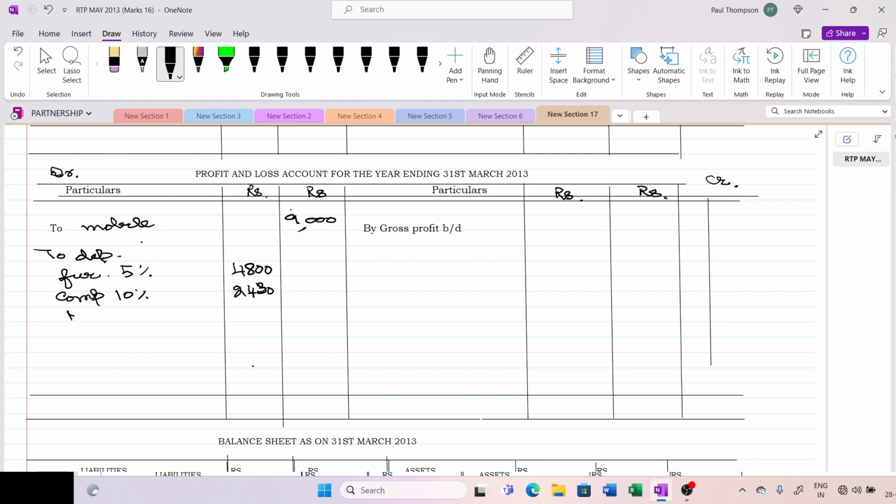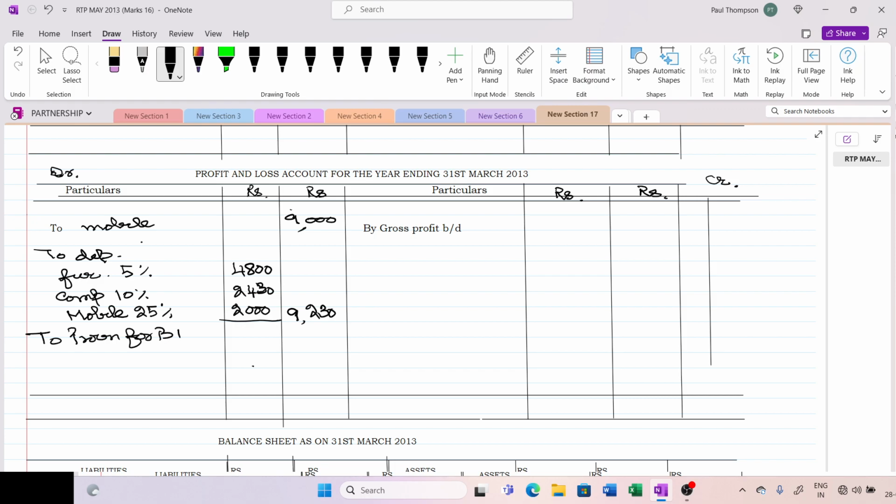Then on mobile phone, it was 25% on 8,000, it was 2,000. So the total depreciation comes to 9,230. And then we have to provide for bad and doubtful debts.